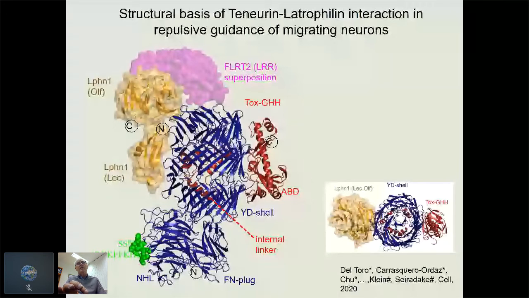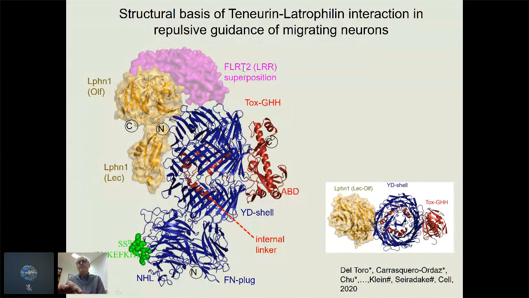The interaction with latrophilin is on the opposite side, with the lectin domain. The olfactomedin domain also engages a little bit, I believe, the Teneurin beta barrel, but is mostly free, and there's room for FLRT binding. So it's possible for Elena to model FLRT2 into this structure.